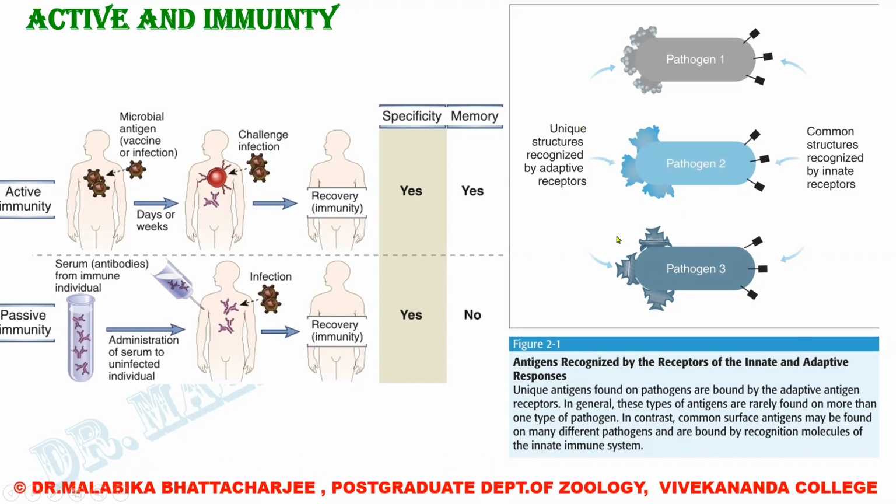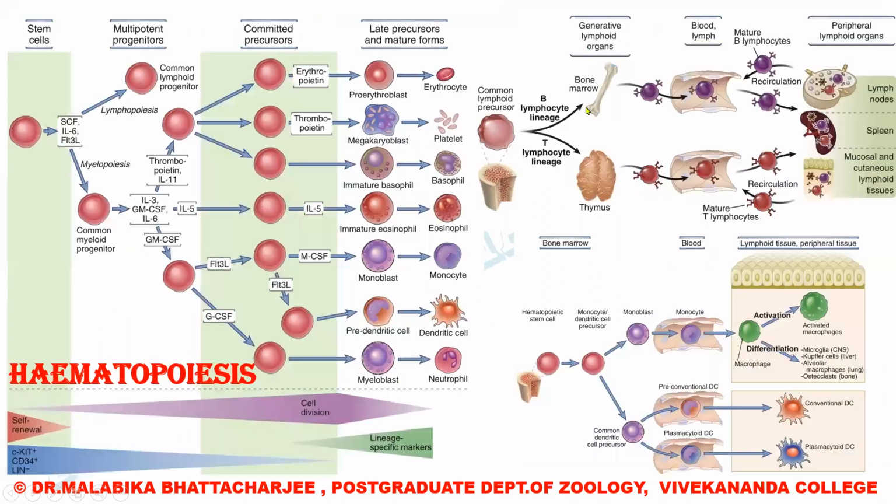So there are receptors for the adaptive immunity as well as innate immunity. The difference is that the recognition molecules are different. The innate immunity recognizes the molecular patterns. The adaptive immunity recognizes specific epitopes, antigenic epitopes.